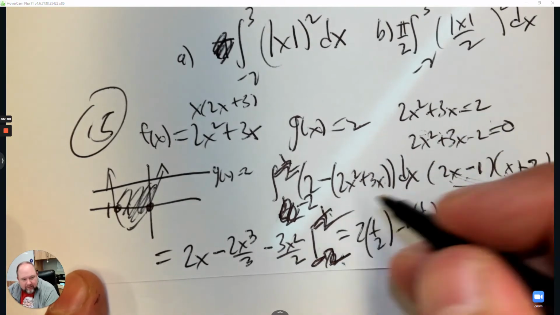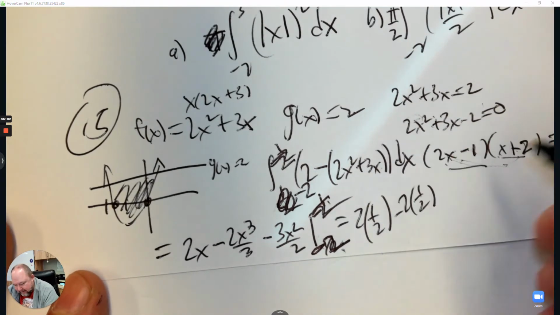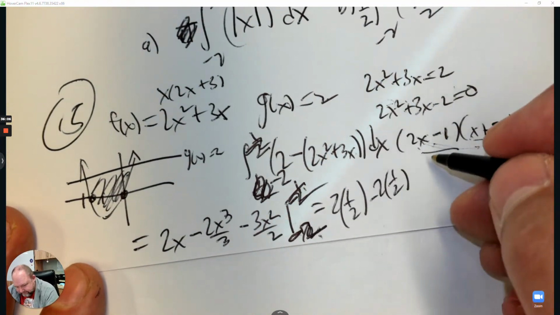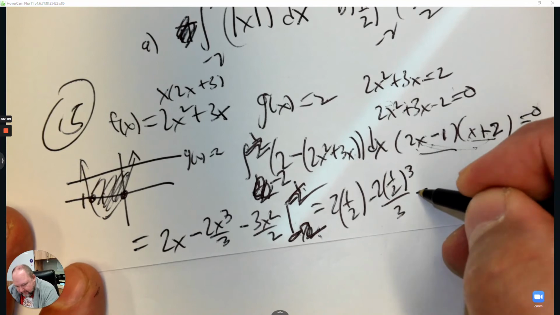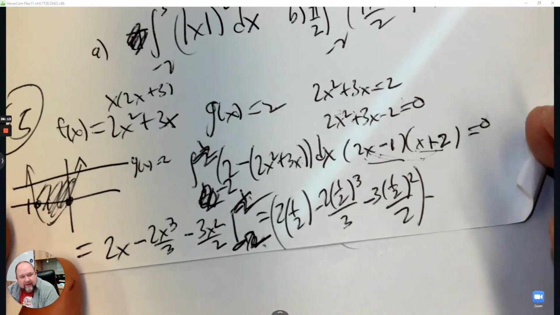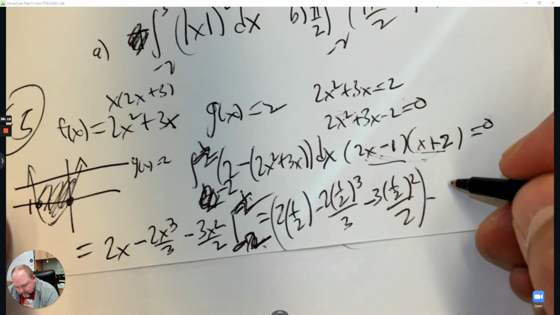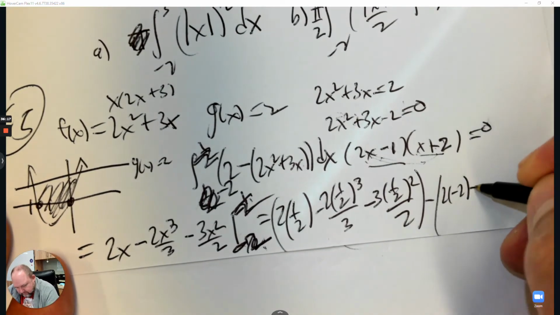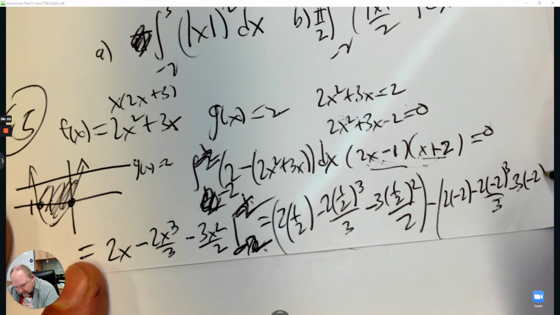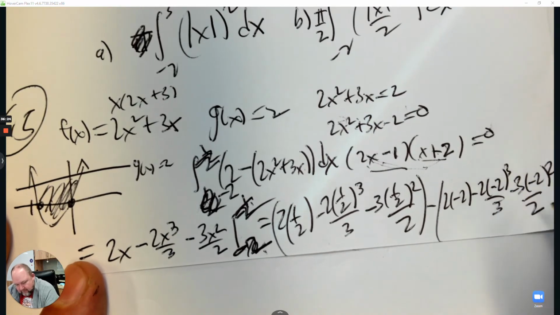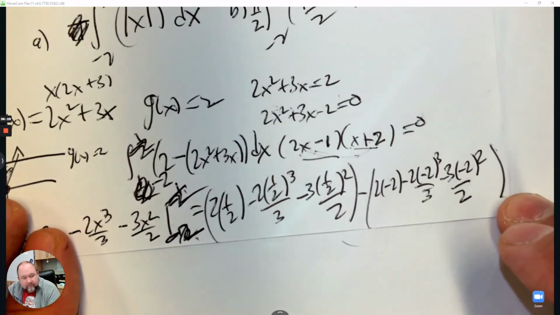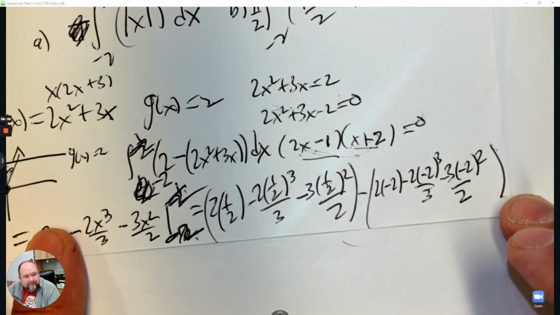The lower bound to the upper bound. So this should be 1/2. I did that correctly, right? But set this one up wrong. Anyways. And then subtract and then plug in a negative 2. And there's your answer.